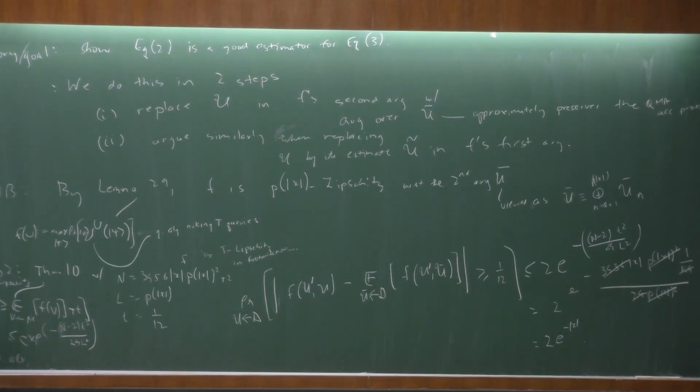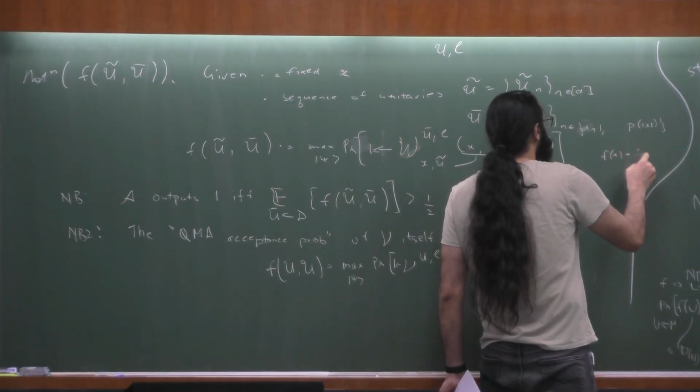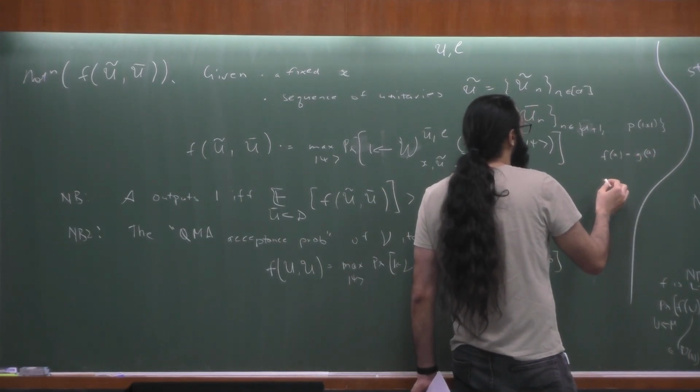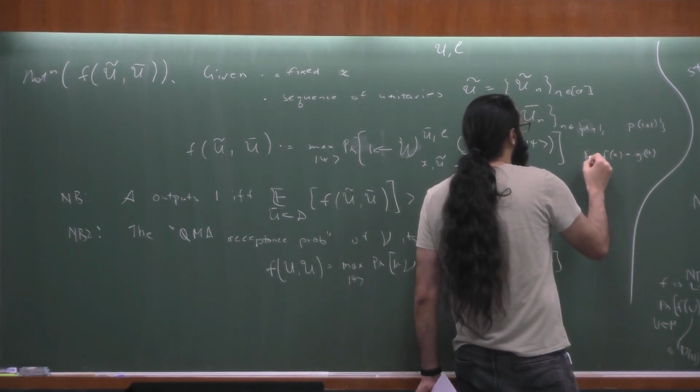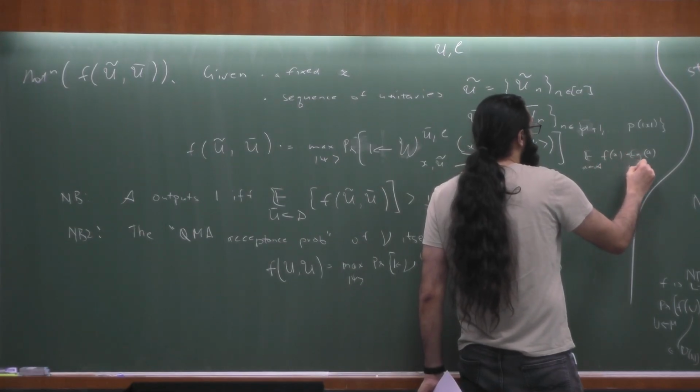Like, if all I'm saying is that some function f(a) equals g(b), or sorry, g(a), right? Then this will also be true if I take the expectation over A from some distribution, right?